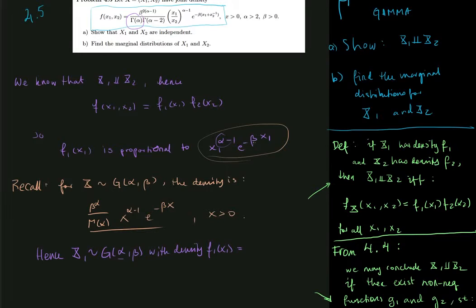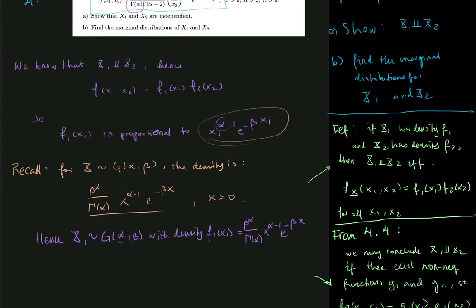It's either scale shape or shape scale. But anyways, the value of the beta here is certainly beta. And the first parameter certainly has value alpha. So that means that the density of x1 is beta to the alpha divided by gamma of alpha multiplied by x to the alpha minus 1 multiplied by e to the minus beta x.